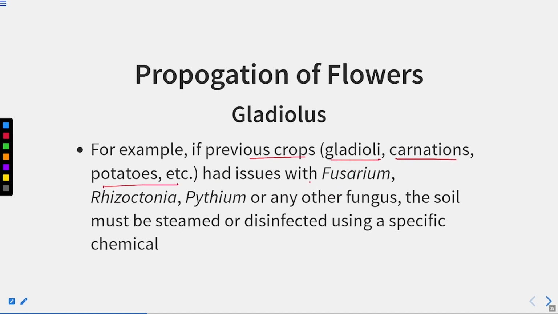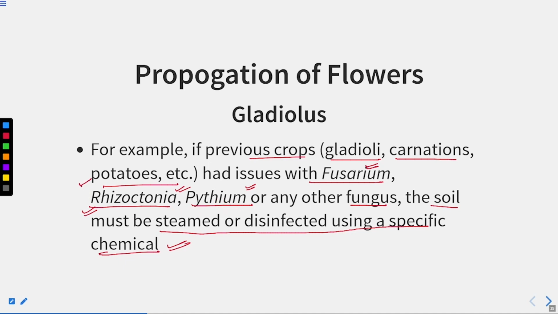For example, if the previous crop, gladioli, carnations, potato, etc., had issues with Fusarium, Rhizoctonia, Pythium or any other fungus, the soil must be steamed or disinfected using a specific chemical. With the use of some chemicals or disinfectant, we can get rid of Fusarium, Rhizoctonia and Pythium. These are three different types of fungus that cause disease in the plant.